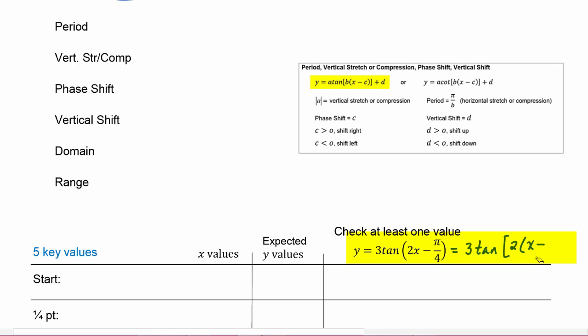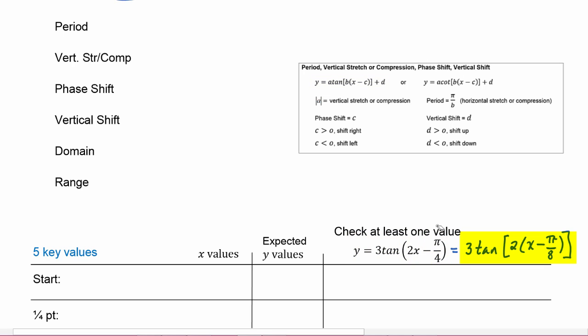Now remember, think of dividing by 2, or in other words, multiplying by a half. A half times 2x became x, and a half times pi over 4 becomes pi over 8. And you should always check it out. 2 times x is 2x. 2 times pi over 8 is pi over 4.